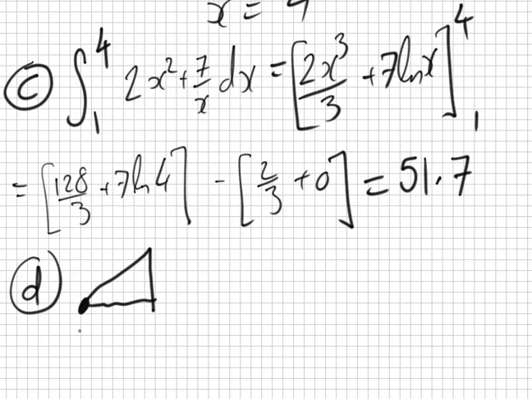Now, what's the value of x at the start of the triangle? No, it's 1. And then at the end is, oh sorry, my triangle's the wrong way around. It's going down. So here is 1 and here is 4. Now what's the y value here? What's the height? Well, if you remember at the very beginning, I put x equal to 1. And what did I get for y? 9.